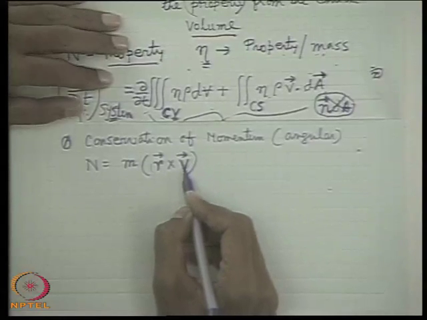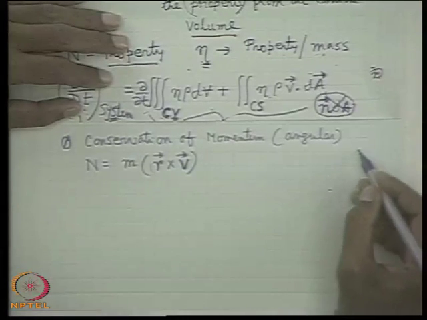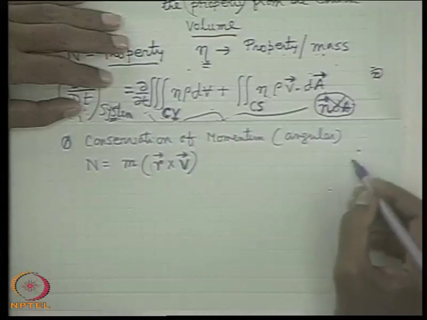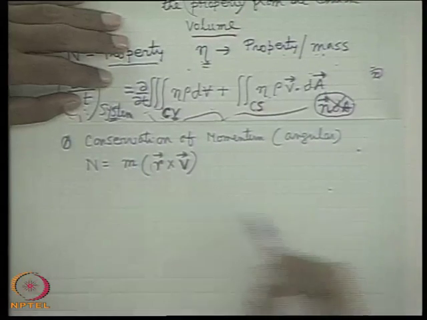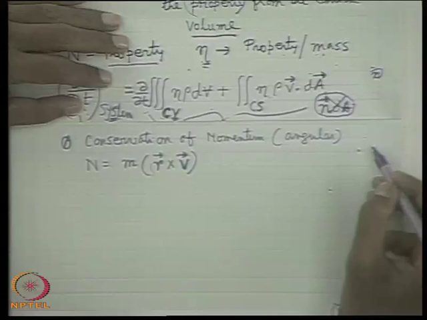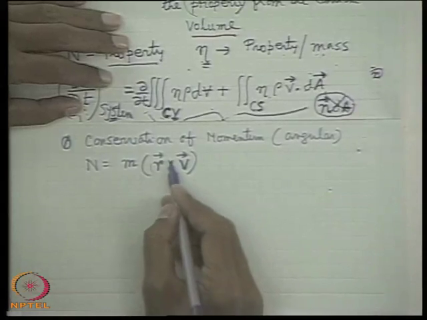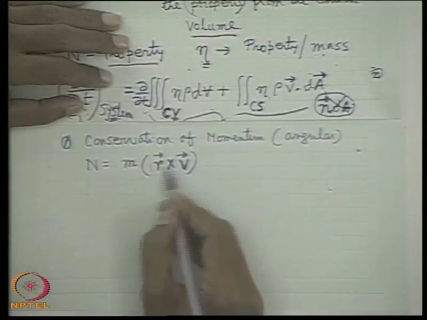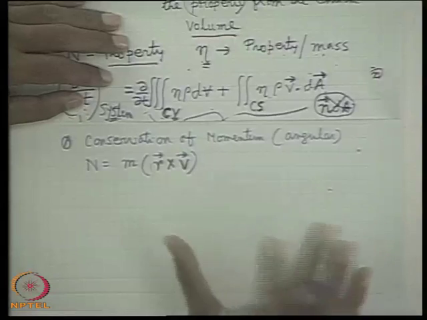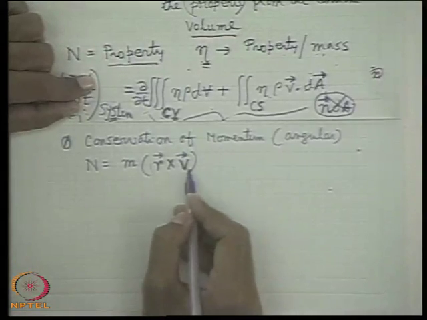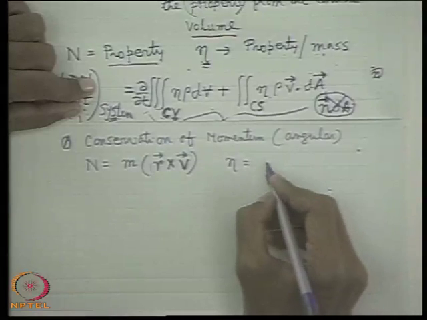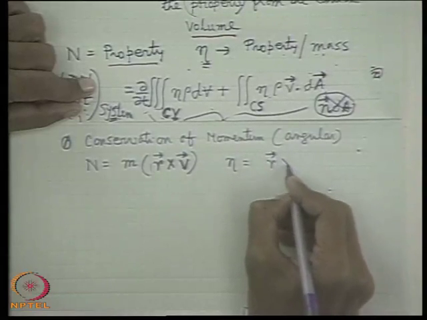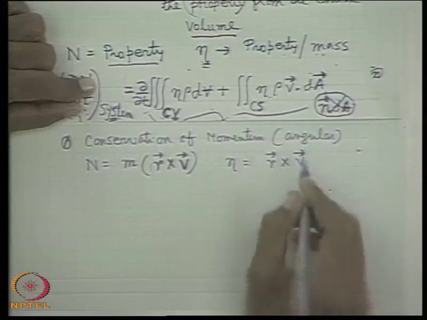That means if you join these two points, we get a radius vector r. Physically, it is the distance of that particular point from the point about which the angular momentum is considered, times the velocity component perpendicular to this radius vector, denoted as r cross v. It may be v cross r with a sign change, that depends upon the sign convention. You know how the angular momentum is specified. So, eta will be r cross v.